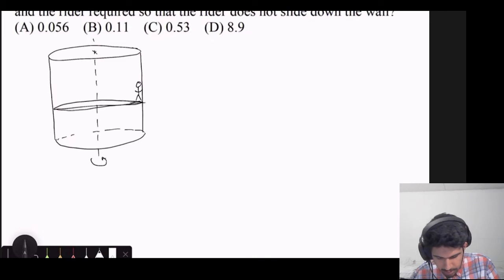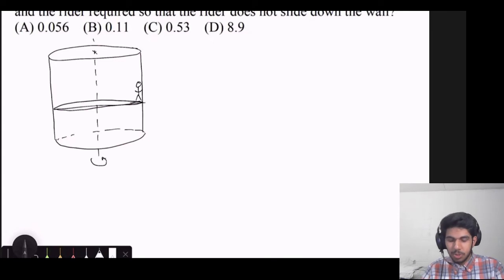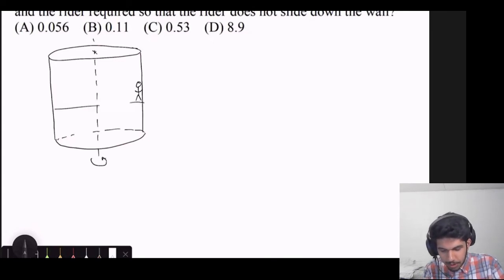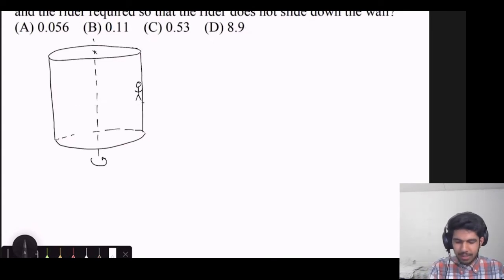I can't draw it too well. But as the room is spinning, the floor goes away. So now it's just the person there, and they're stuck against the wall due to the centripetal motion, and also due to the friction between them and the surface. And so you're just spinning without any surface below you. So that is what is going on.